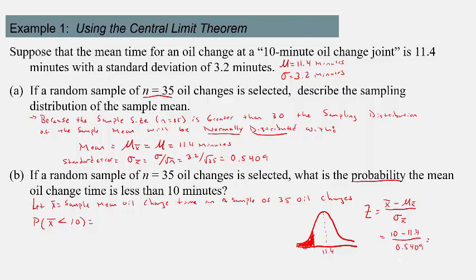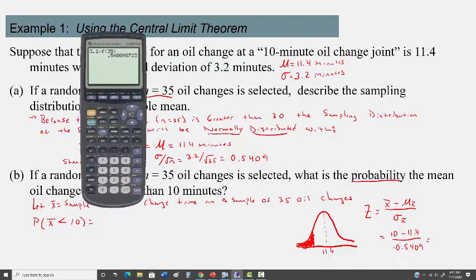So let's grab our calculator. We're going to do 10 minus 11.4, close the parentheses, divide by 0.5409. And because this is a z-score, I'm going to round it to 2 decimal places. So this is minus 2.59.